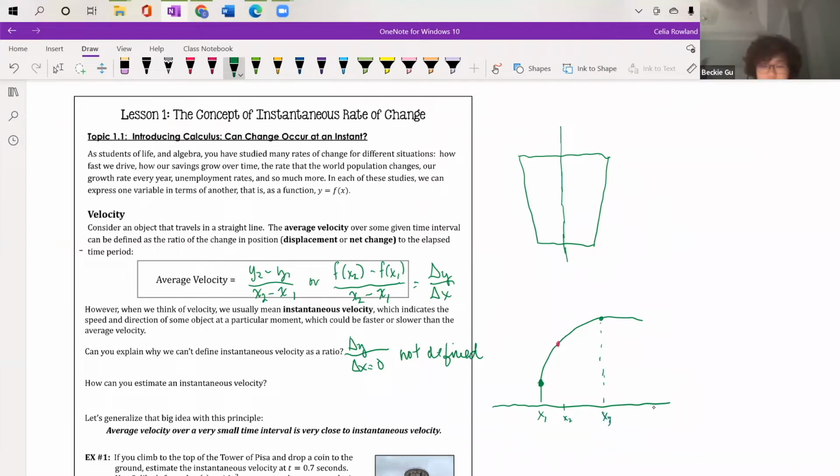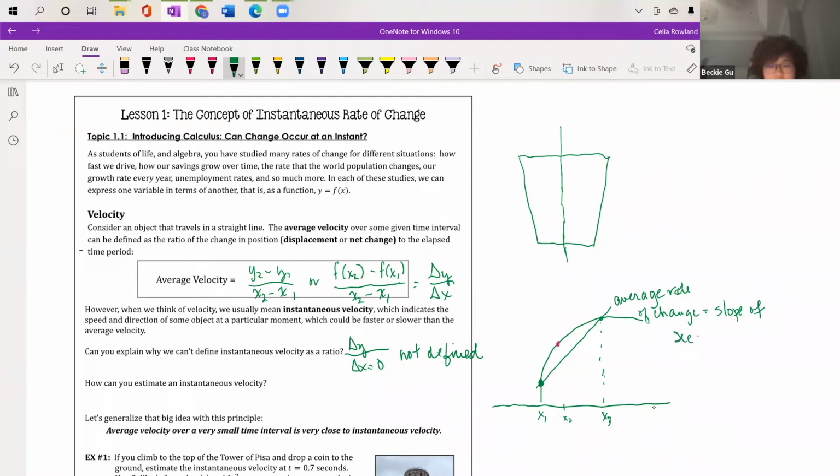What I can normally do is find the average rate of change, and that's the slope of this line. So I can look at the average rate of change here, and it's nothing but the slope of the secant line.